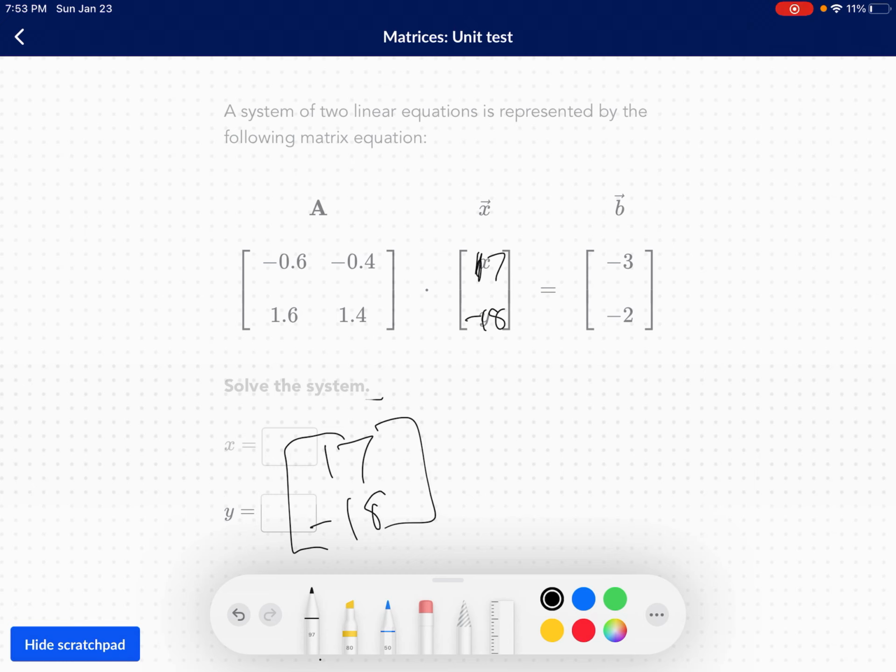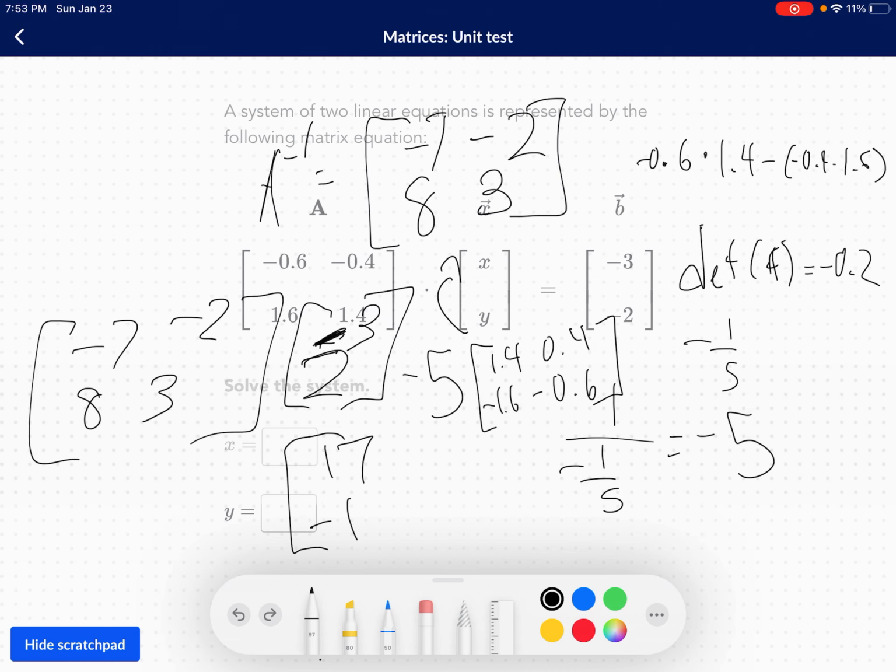1.6 times 17. Something is wrong. Okay, let me undo everything. Where did I make my mistake? Let's find it.